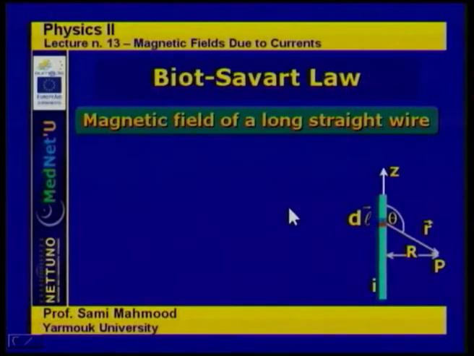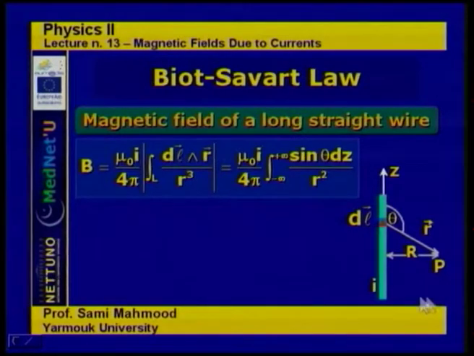Thus, the magnetic field would be azimuthal, forming circles around a straight wire carrying the current. So the magnetic field of a long straight wire can now be determined, both magnitude and direction.